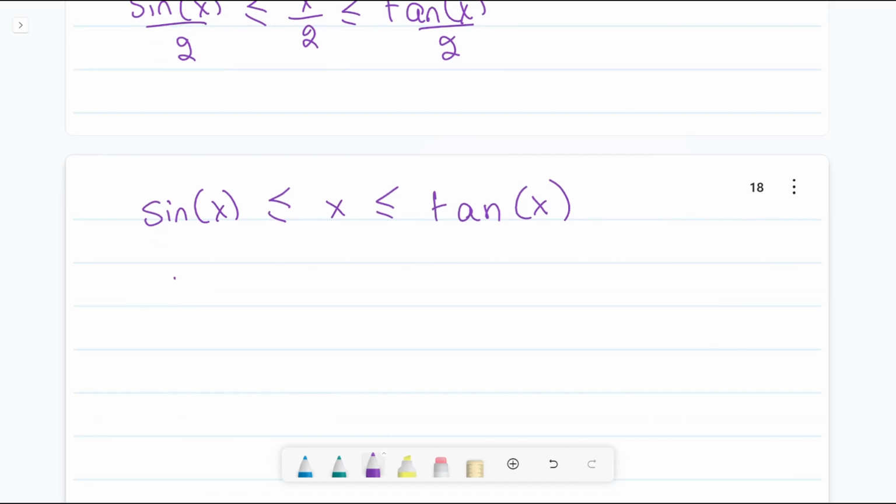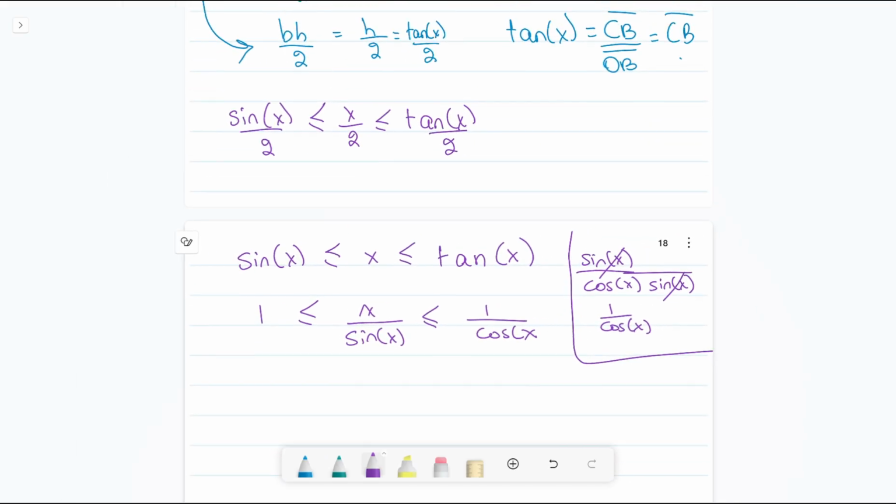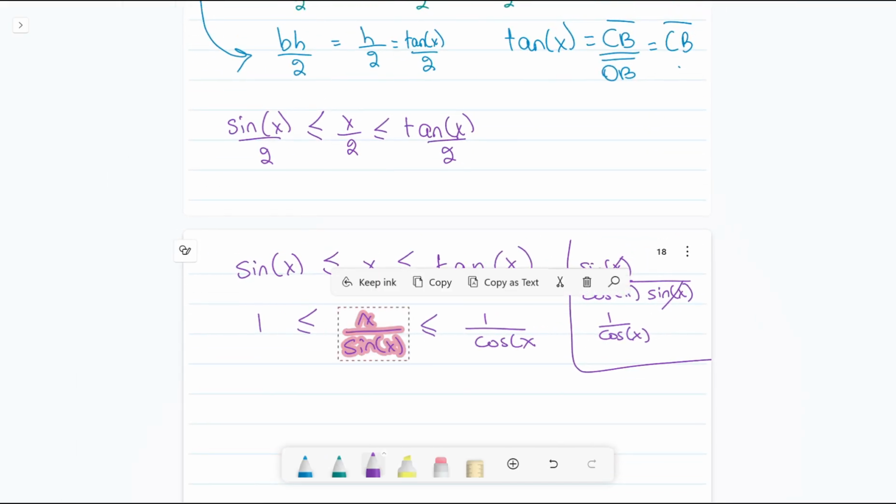So this gives us 1 is less than or equal to x over sine of x, which is less than or equal to, here, tan of x is sine of x divided by cos of x. If we divide this by sine of x, we get 1 over cos x. Again, this is not exactly the function we want.